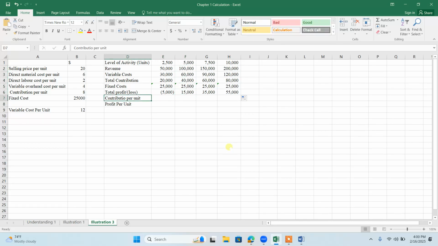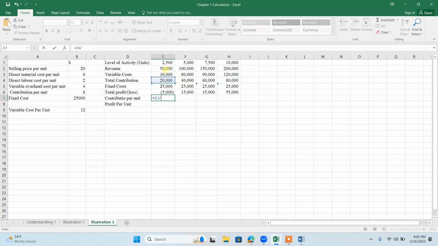Contribution per unit, I have already calculated, it is 8, but if you still want to find out, total contribution is 20,000 for 2,500 units. The answer is 8 in all the cases. Why? Because the more units you produce, your variable cost is increasing at the same rate, while the sale price is also constant.